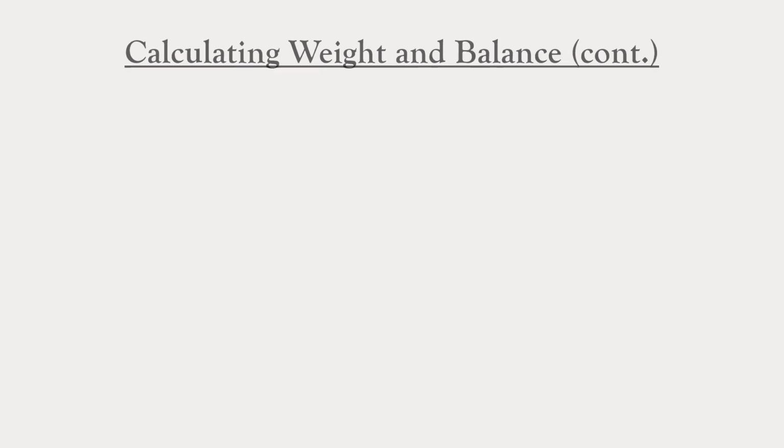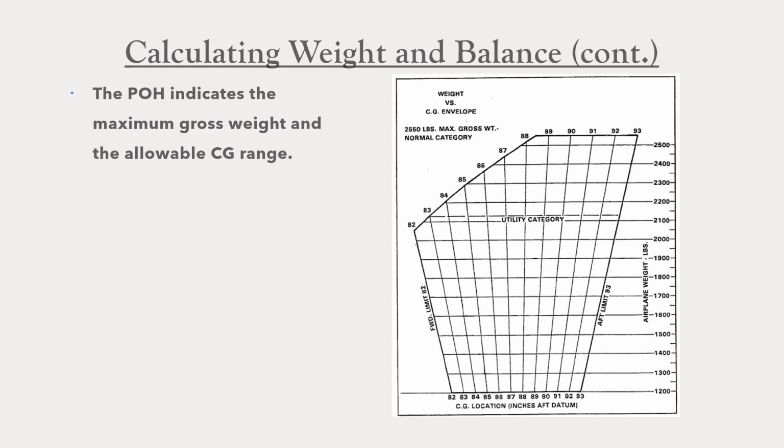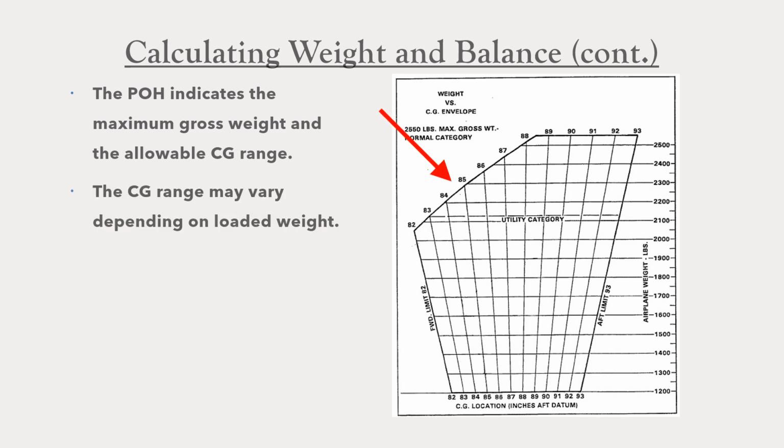So having calculated the loaded weight and the center of gravity, the next question is, is that acceptable? The pilot's operating handbook will have the information you need to know what the acceptable range is for both weight and center of gravity. In some cases, it may be just an upper and lower limit for center of gravity, or as in this example, the forward limit for center of gravity may actually change depending on the weight.